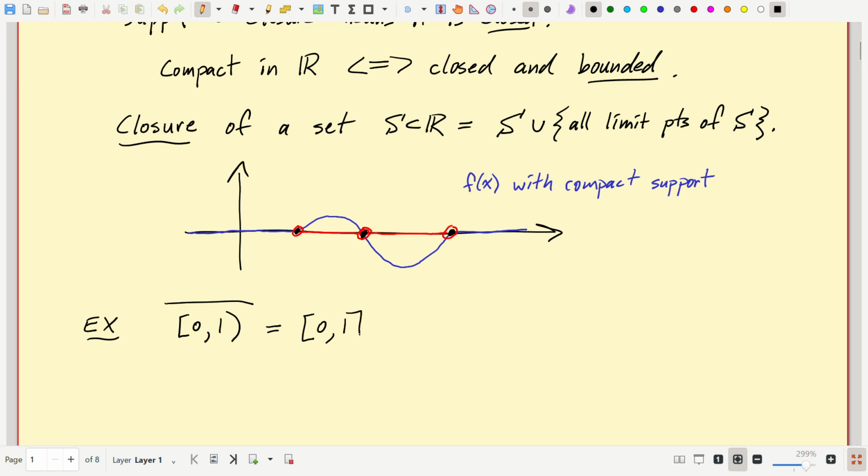That's a limit point. If you take the rational numbers, they're dense among the real numbers, so every point of the real numbers is a limit point of rational numbers. That means when you take Q and toss in all the limit points, the closure is all of R.